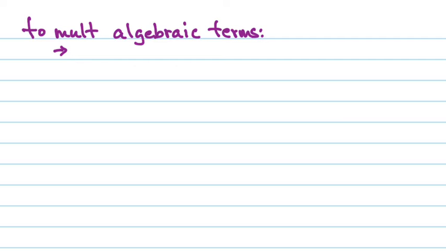Four. Four parts, exactly. And you might notice that I keep reminding you of that. The reason I keep reminding you is that if you know the four parts, then you're always going to know the process to use, right?